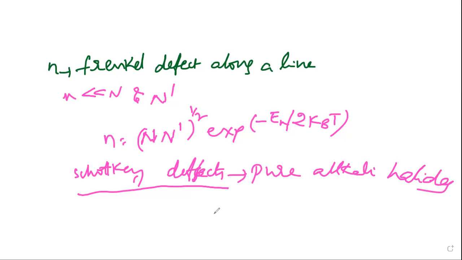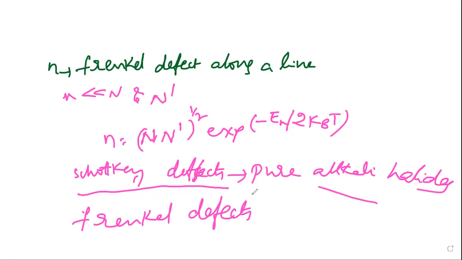In pure silver halides, the most common vacancies are Frenkel defects. Lattice vacancies are present in alkali halides.